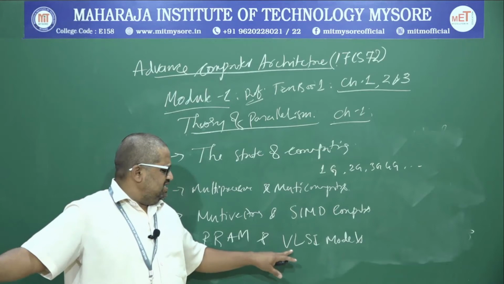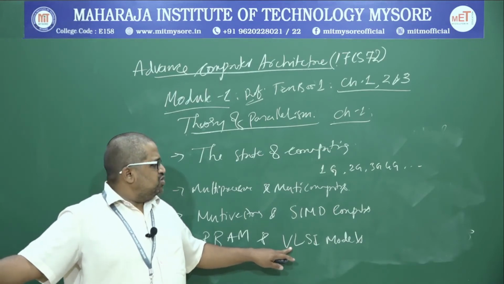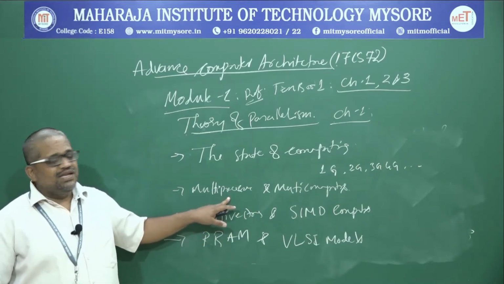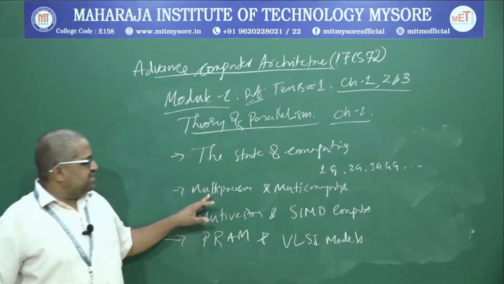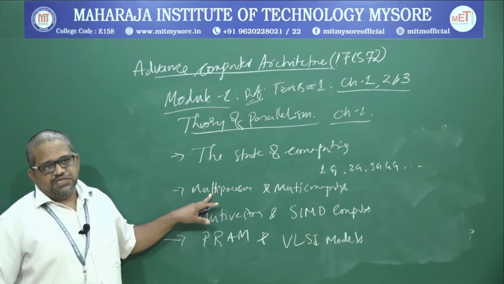Nowadays, you have very high density integration or fabrication. That made it possible for multiprocessors to be accommodated on one single chip. Because of this VLSI technology, it allowed multiple processors to be etched on one single chip.